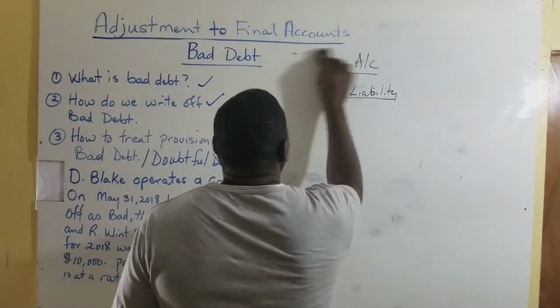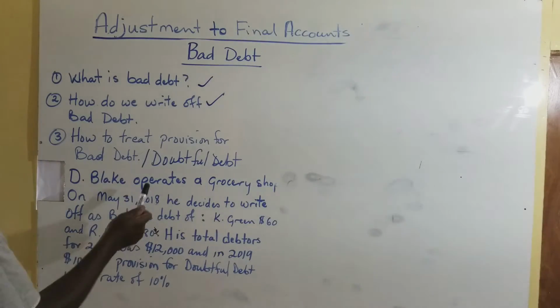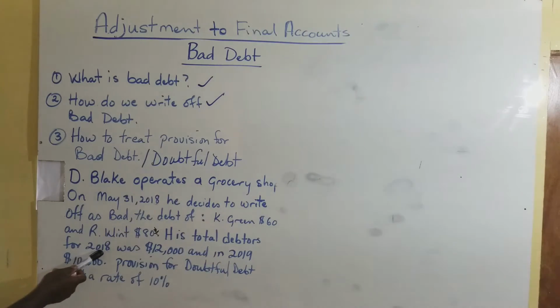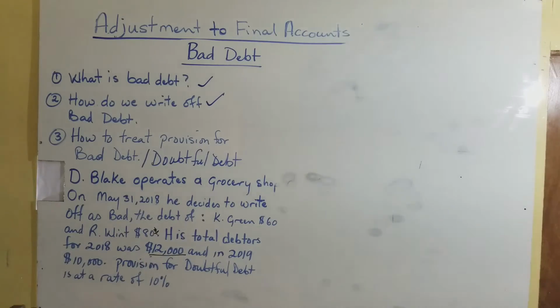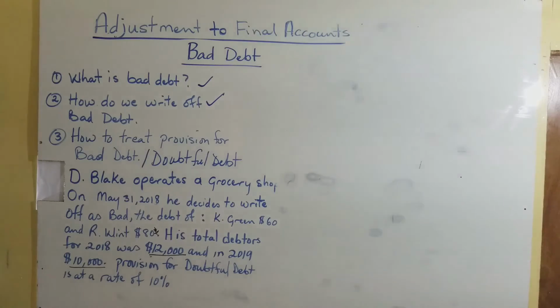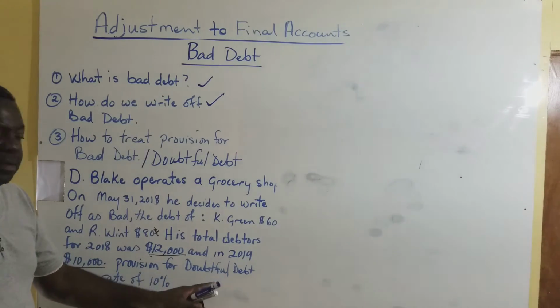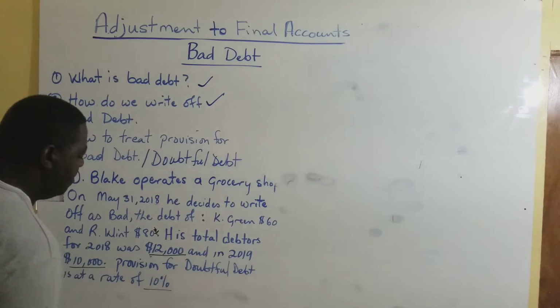From the question we have here presented, Blake has total debtors in 2018 of 12,000, and for 2019 10,000, and he has in his business an arrangement for doubtful debt with a rate of 10%.